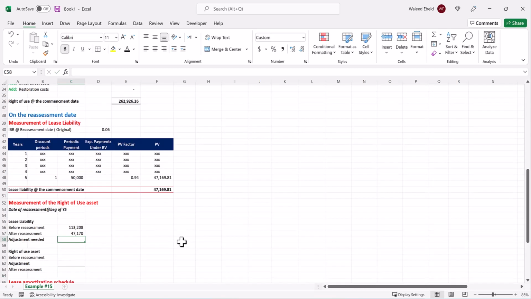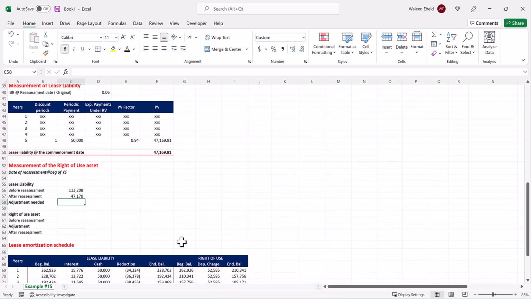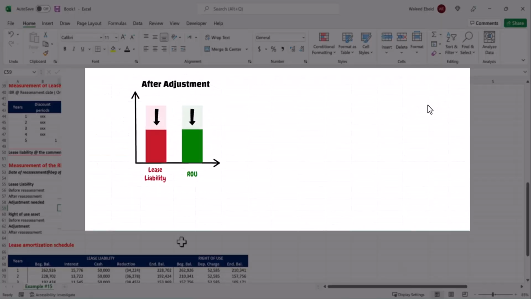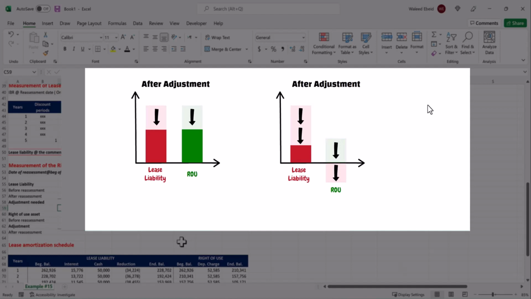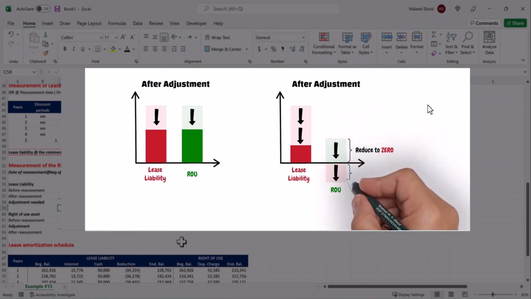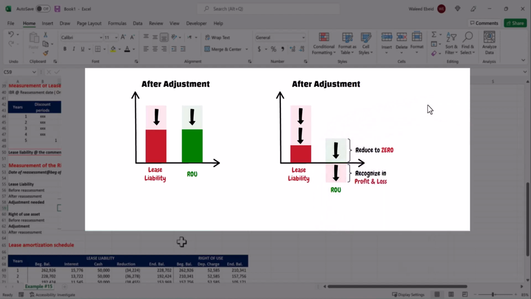And the difference is the adjustment that should be booked in the lessee's books to reduce the lease liability to the new carrying amount. According to the standard, the right-of-use asset should be adjusted by the same adjustment done to the lease liability. And if the reduction resulting from that adjustment was greater than the carrying amount of the right-of-use asset, then the right-of-use asset should be reduced to 0, and any remaining reduction should be recognized in the profit and loss.